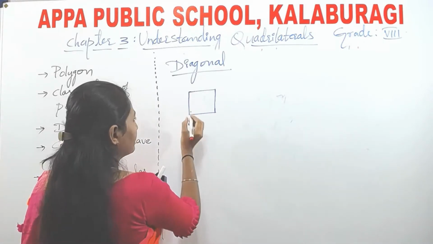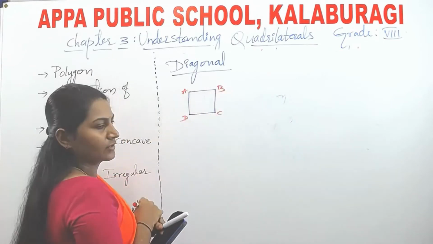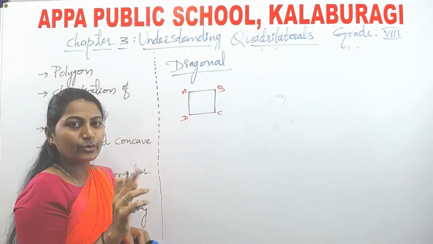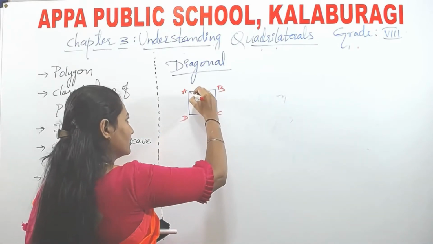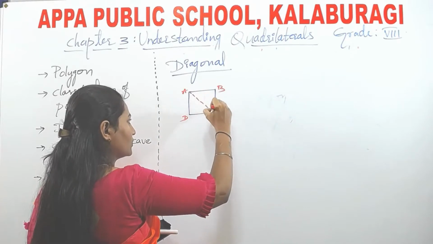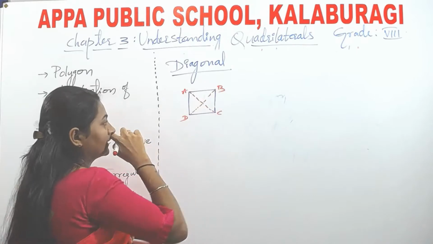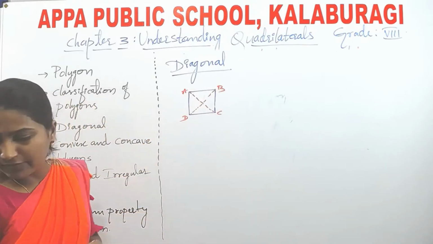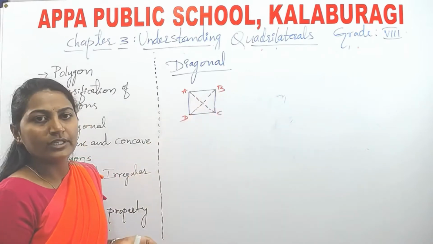Let me name this as A, B, C, and D. A quadrilateral with 4 sides. I have named it as A, B, C, D. So I'll draw the diagonal from A to C and also from B to D. You can observe I have drawn the diagonal from A to C and from B to D.